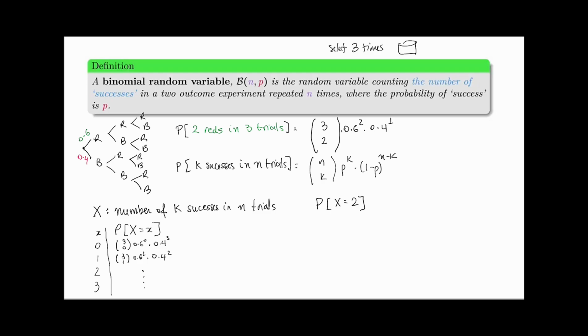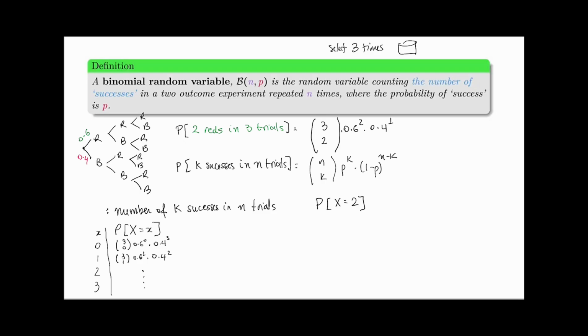But here is the but. Repeated trials is so common in science, engineering, and any STEM area, that they baptized this random variable. They didn't call it x.